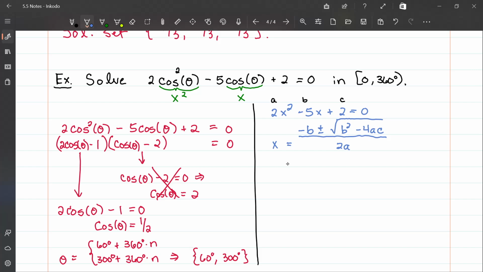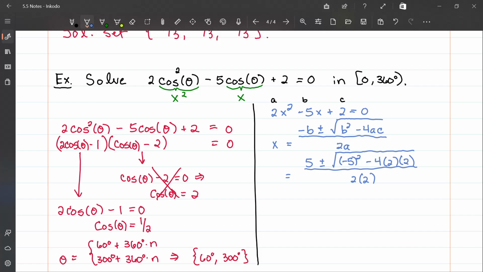In our particular case, that means that we are going to be taking the negative of negative 5, so that would be positive 5. We're going to be either adding or subtracting the square root of negative 5 squared minus 4 times 2 times 2, and then the whole thing is going to be divided by 2 times a, which means 2 times 2.